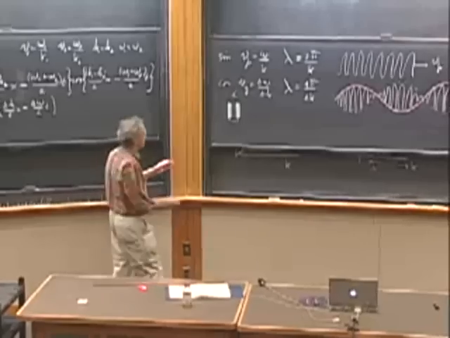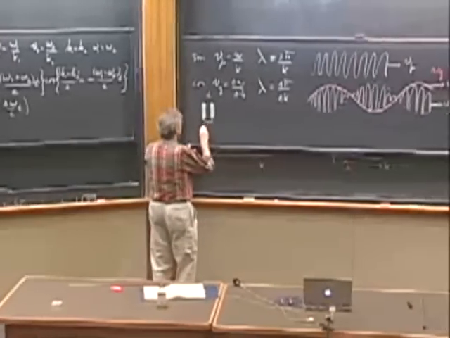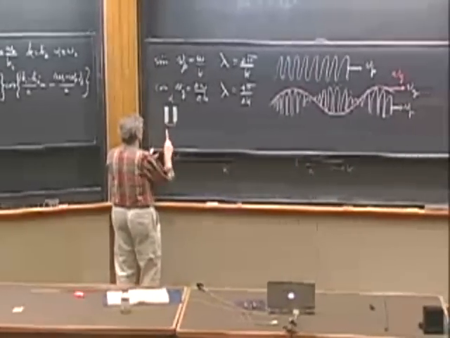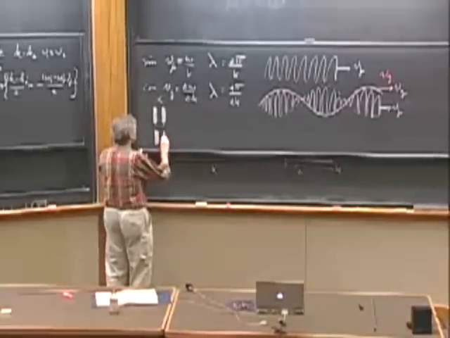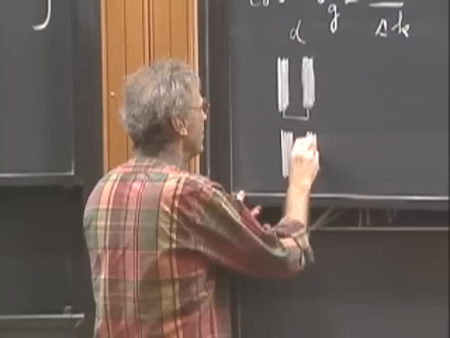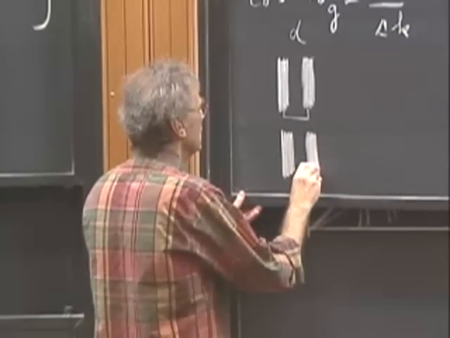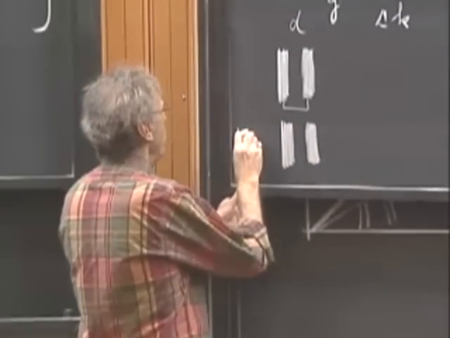And I have another transparency, which has bars which are 5% thicker. And also the opening between them is 5% larger. So here we have 1.05 D.